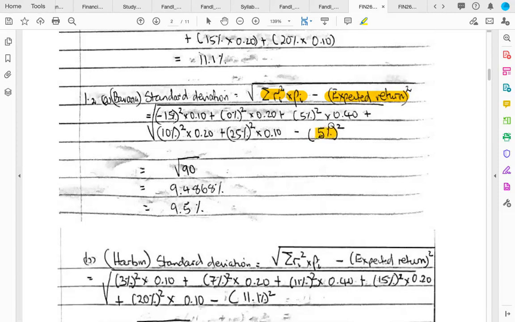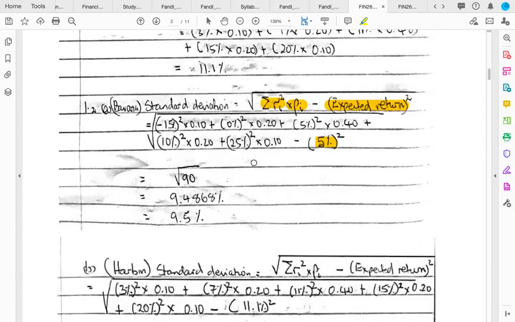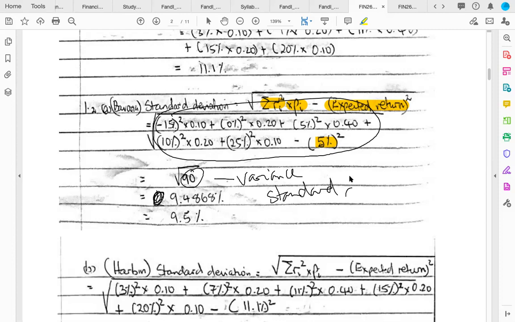Then you subtract that expected return that we got earlier, squared. And then the answer you get under the square root sign, this particular calculation under the square root sign, which gives us 90, that is the variance. And then the square root of the variance would be the standard deviation, which is what we are looking for.